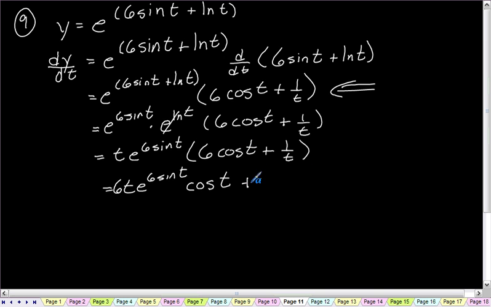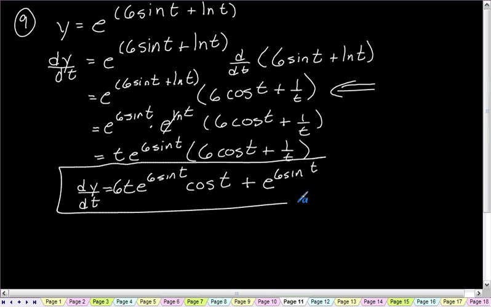Notice what happens to the t's. It's on the top and it's on the bottom. So this just stays times e to the 6 sine of t, times 1. That is my dy/dt. Fully simplified.